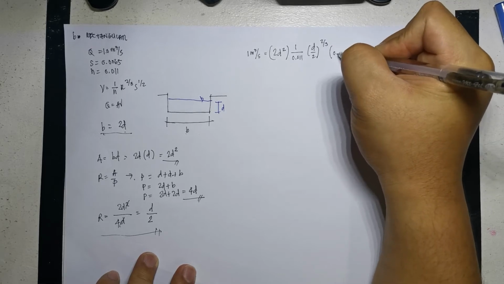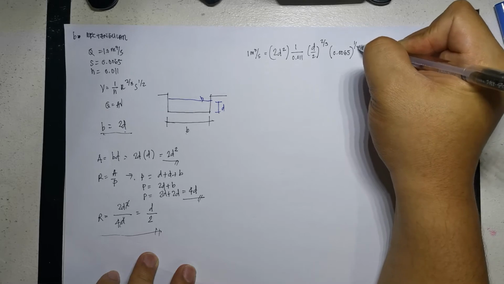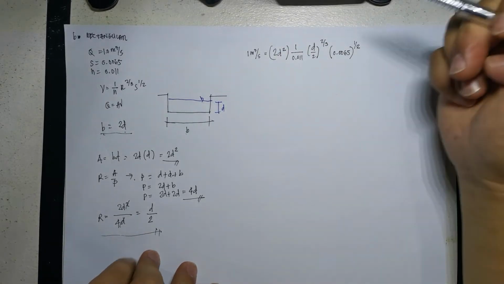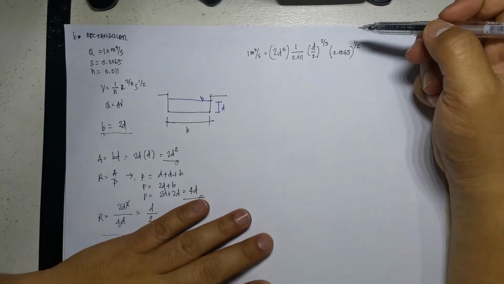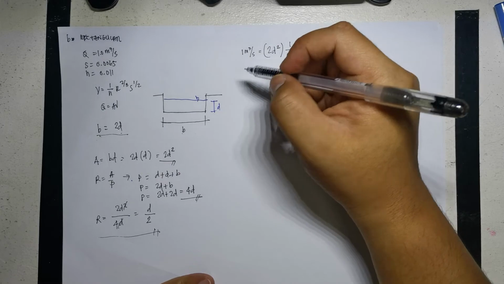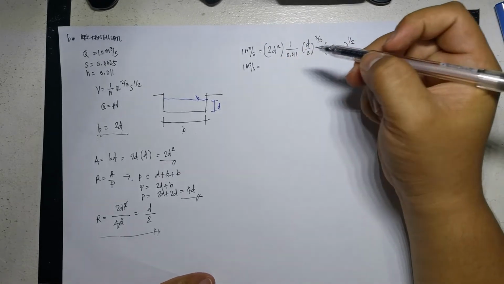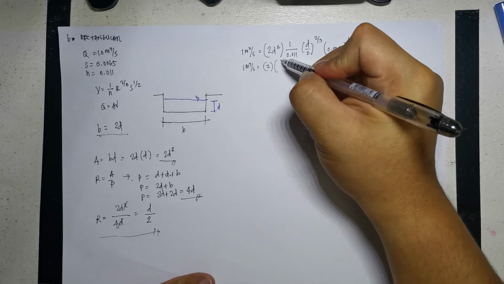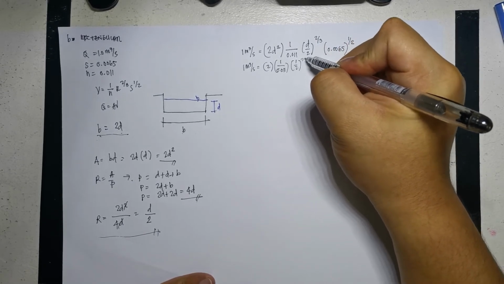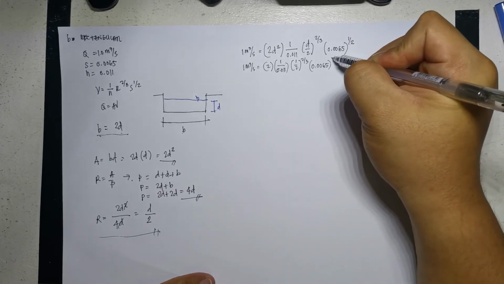And then S is 0.0065 raised to 1/2. So ipapaikutin lang ulit natin yung mga equations. So ilalabas lang natin ulit yung mga constant para mahiwalay natin. So 1 cubic meter per second will have 1 over 0.011 times 1/2 raised to 2/3 times 0.0065 raised to 1/2.